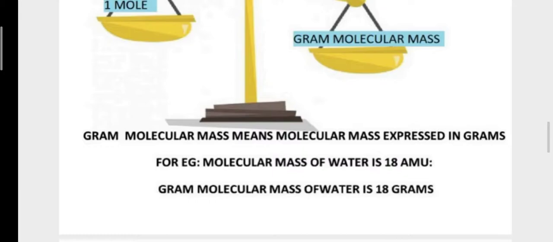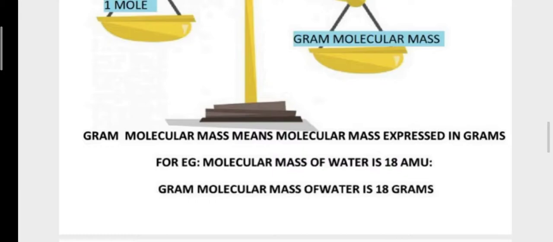So what will be 1 mole of water? 1 mole of water is equal to gram molecular mass of water. That is 18 grams. So 1 mole of water is equal to 18 grams of water molecules.